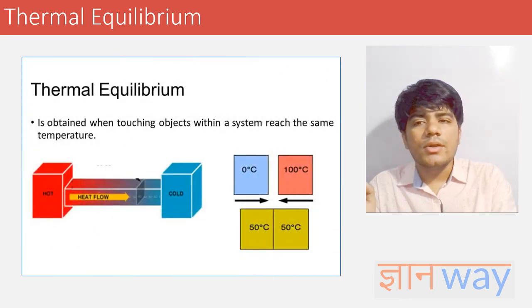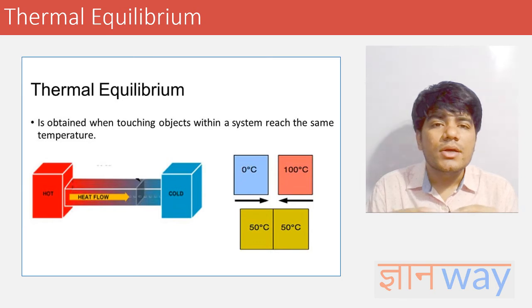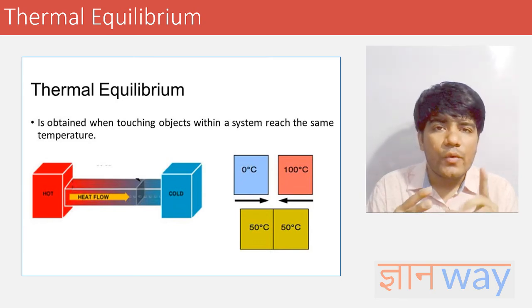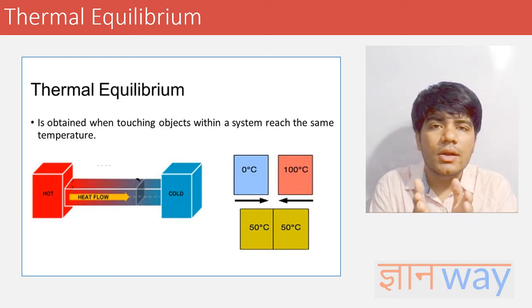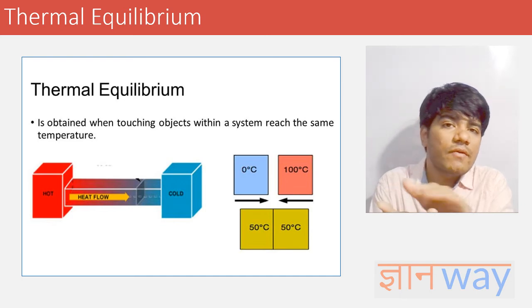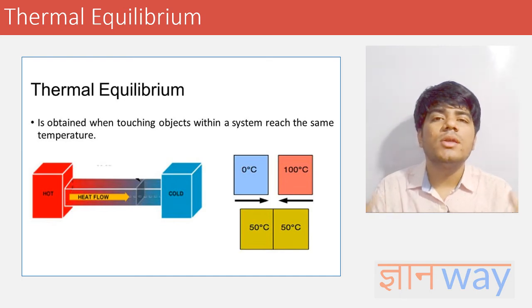Thermal equilibrium is attained when touching objects within a system reach the same temperature, when delta T equals 0. When a hot body and a cold body are kept together, and the temperature difference between them becomes 0, then we can say thermal equilibrium is attained.